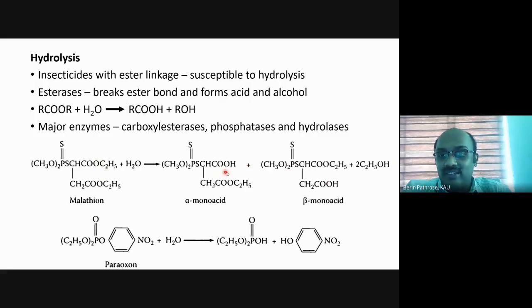So this will be acid and alcohol. It can happen at this position, that means this ester bond or this ester bond. If it happens at this position, this is alpha monoacid, and if it happens at this position, it will be beta monoacid. In the same manner, it will happen in paraoxon also.